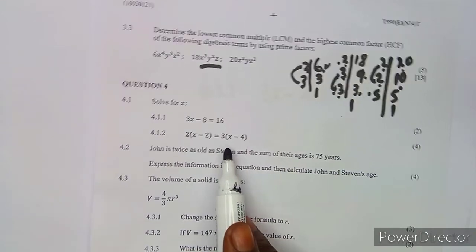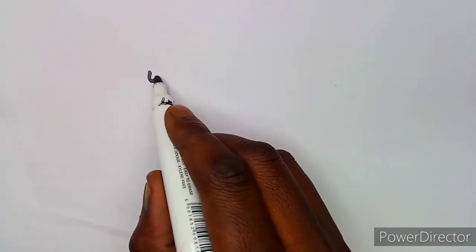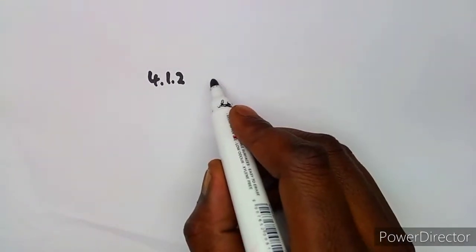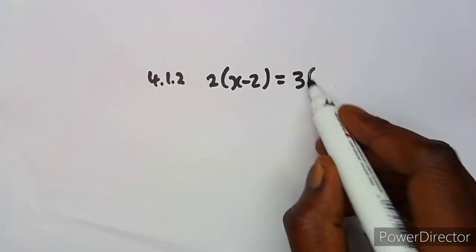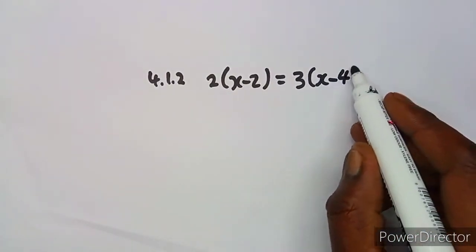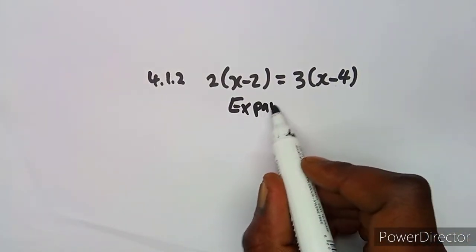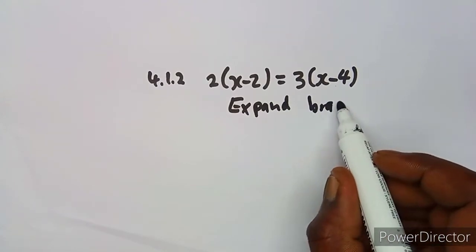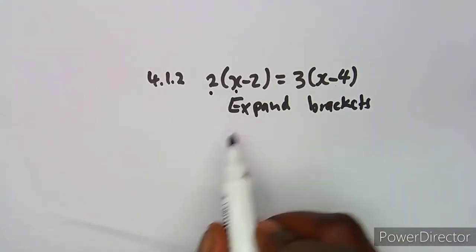All right. 4.12, solve for x again, but that one has brackets. So we have to expand the given brackets there. That's 2 into x minus 2 is equal to 3 into x minus 4. So expand brackets first there. So you have to expand brackets or remove brackets. All right. So it's 2 times x.